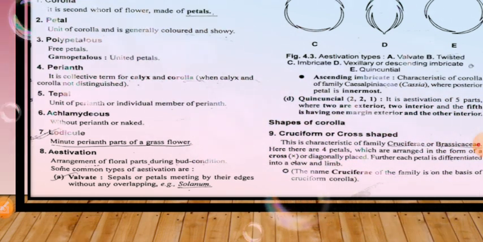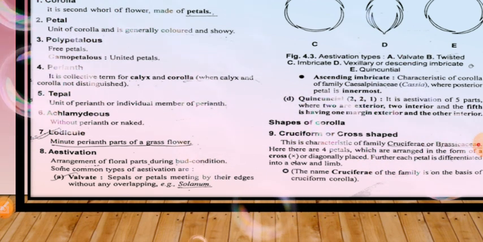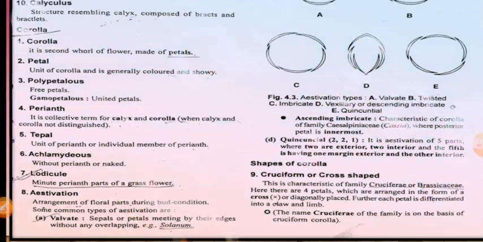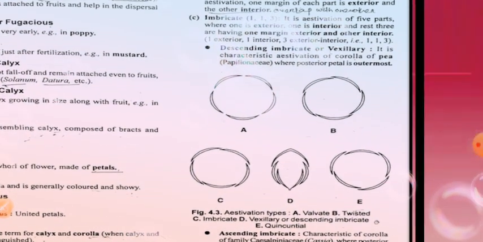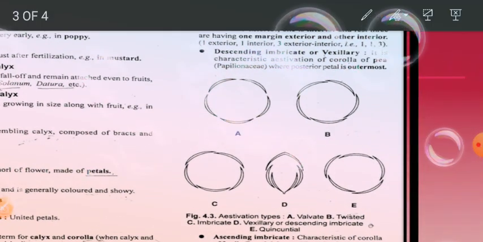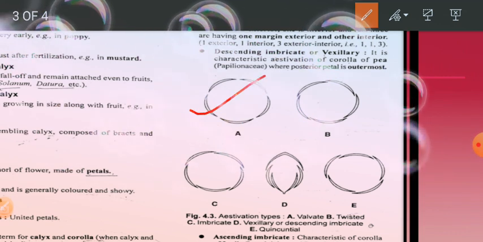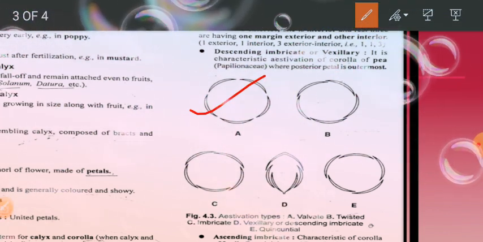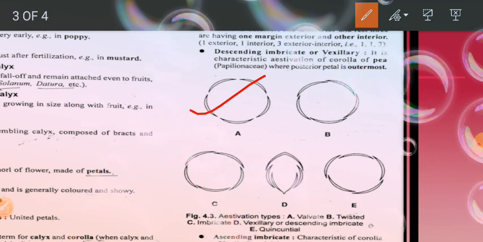So here is the example. You can see in this figure, this one is the valvate type, where sepals or petals meet by their edges.